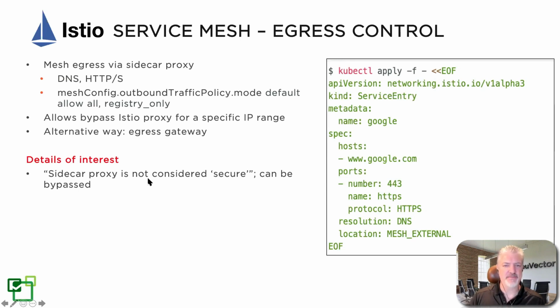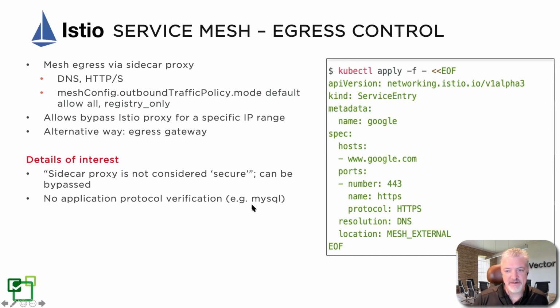And since I mentioned that telemetry, shout out to Istio marketing. They've splattered telemetry everywhere. It's like, well, you need telemetry. You need nice use of telemetry because you've got to have telemetry if you're going to do security, right? No application protocol verification.